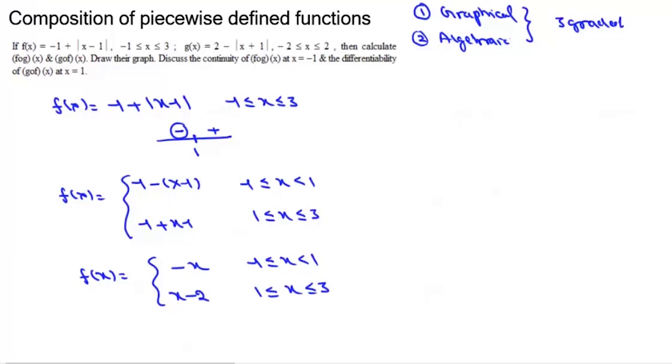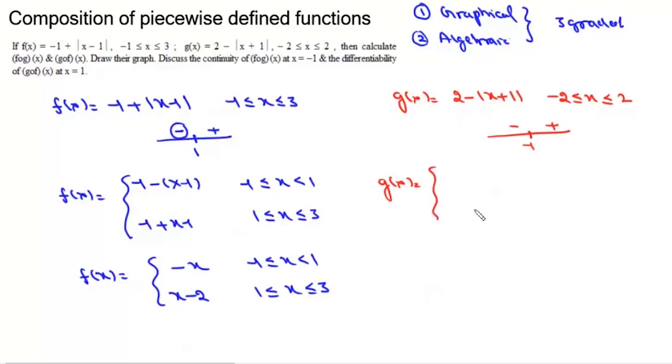Now we look at our function g(x). Now g(x) is defined as 2 minus mod of (x plus 1) when the value of x lies between minus 2 and plus 2. x plus 1 has a critical point at minus 1. This side is plus and this side is minus. So now we can write this function g(x) as: first we have the interval when x lies between minus 2 and minus 1.